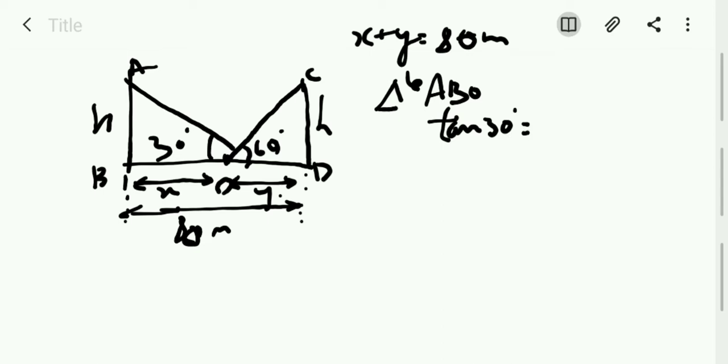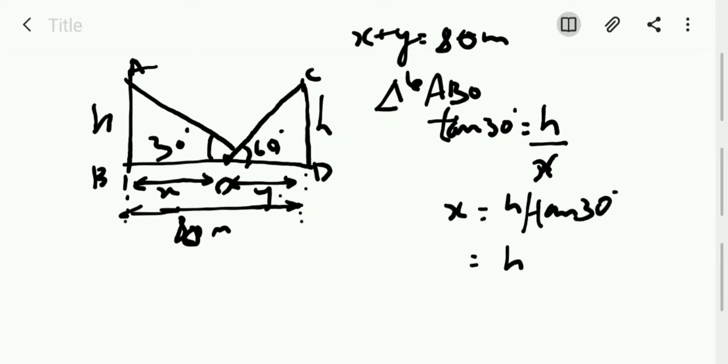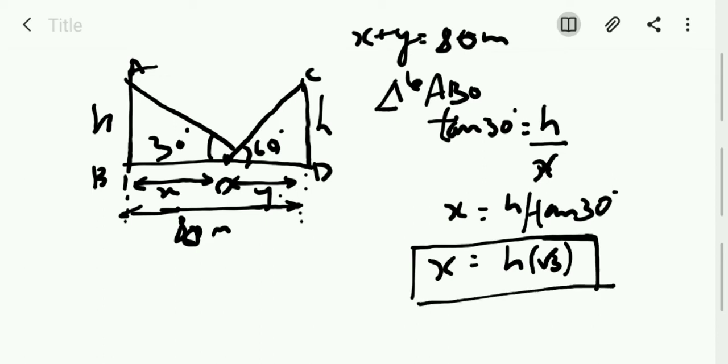Tan 30 is H by X, correct? So X is equal to H by tan 30, and tan 30 is 1 by root 3, so X is H into root 3. Now we have the value for X, which is H into root 3.